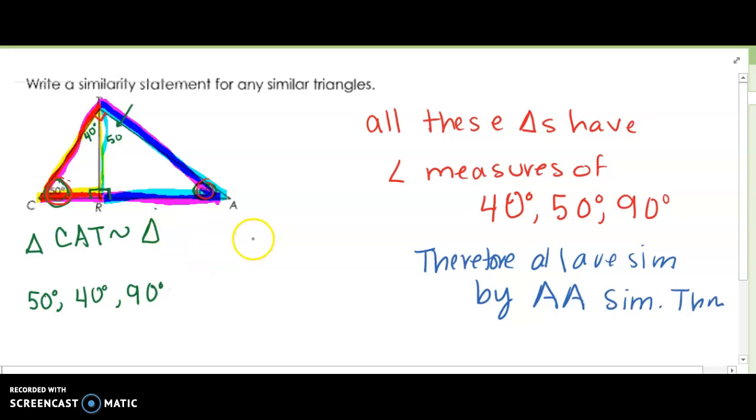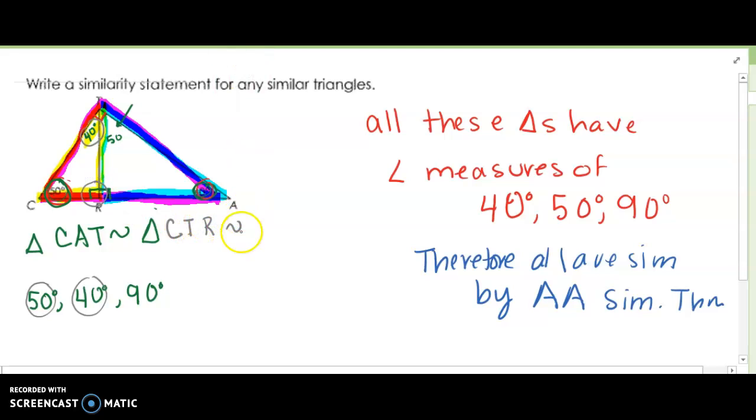The next triangles have to go in that order as well. So I look back to my yellow triangle. My 50-degree angle was C, my 40-degree angle was up here at T, and my 90-degree angle was right here at R.